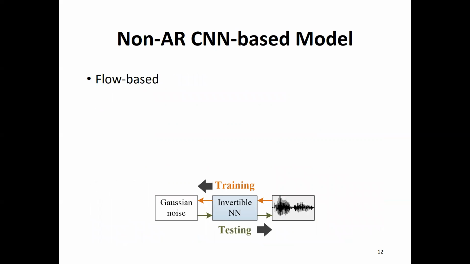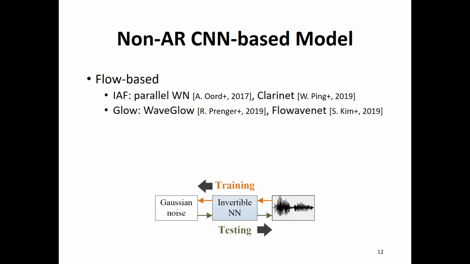As a result, many non-autoregressive CNN-based models have been proposed to utilize the parallel generation advantage of the non-AR mechanism to achieve real-time generation. For example, flow-based models, such as inverse autoregressive flow-based Parallel WaveNet and ClariNet, and the glow-based WaveGlow and FloWaveNet.